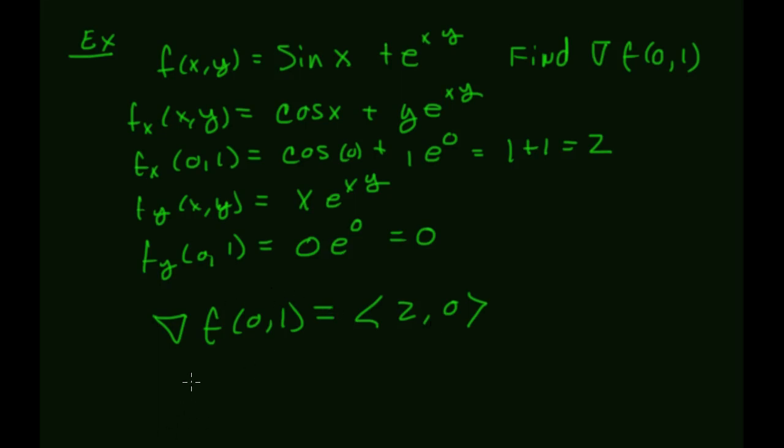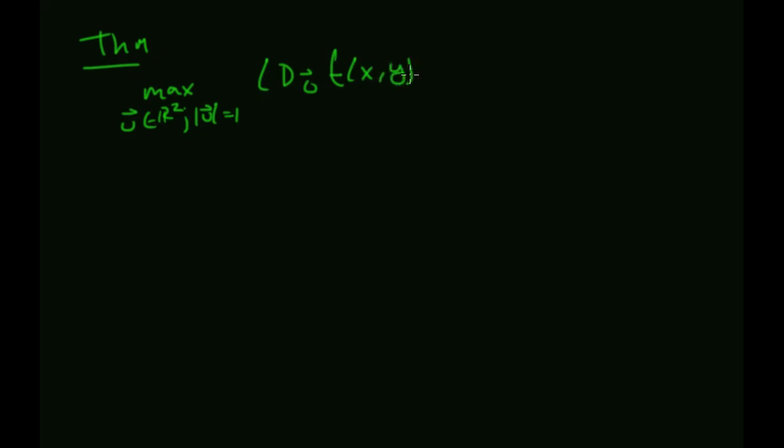All right, so how does this lead us toward optimization? We're going to get a theorem here, and it's going to seem kind of odd, but we're going to say that if u is in R2 and u is a unit vector, then the maximum value of the directional derivative for u at the point x, y is equal to the magnitude of the gradient at that point.